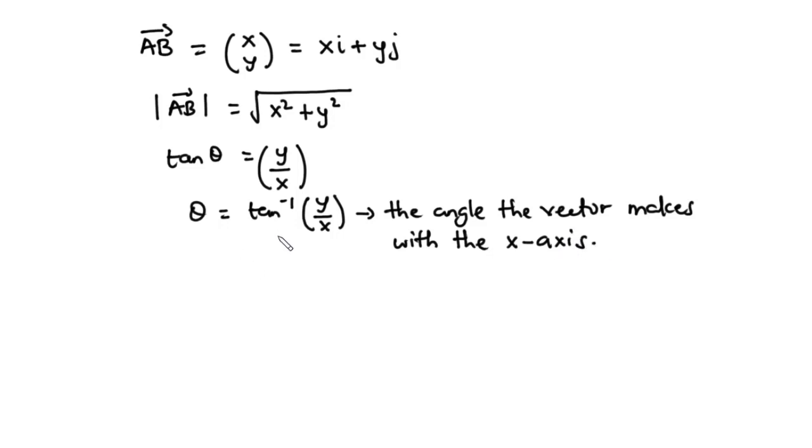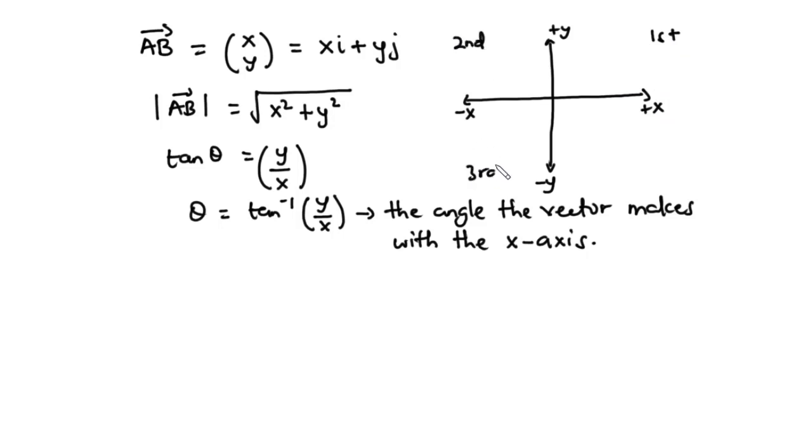Now to find the direction, we are going to take the bearing from the north, that is the positive y-axis. Let's consider this to be our Cartesian plane. We have positive y, positive x, and negative y. We have 4 quadrants in all: the first quadrant, the second quadrant, the third quadrant, and the fourth quadrant.